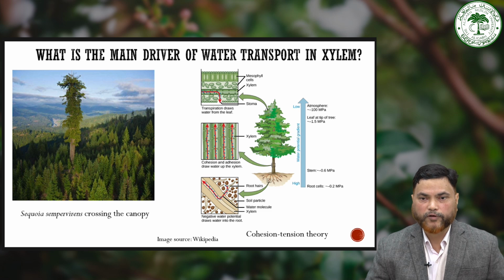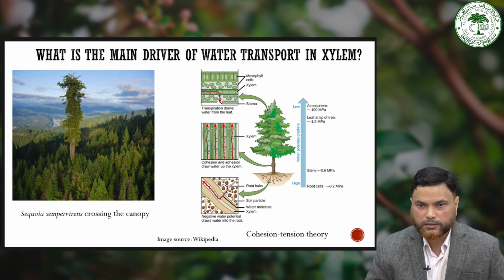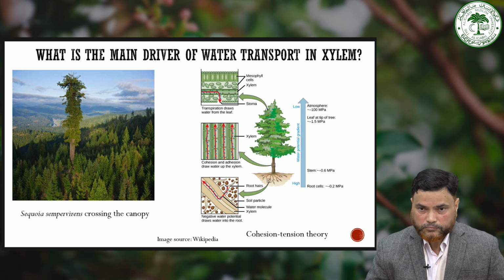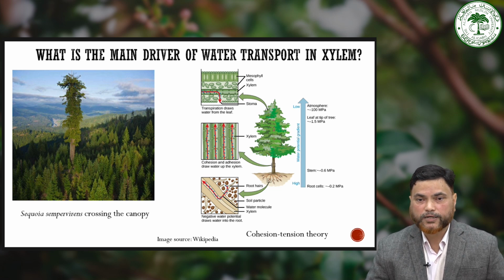This could be well explained by the cohesion and tension theory of ascent of sap. Generally, when leaves open their stomata to take in carbon dioxide to carry out photosynthesis, water vapor diffuses out of the leaves. This leads to evaporation of water from the surface of the cell walls within the leaves.